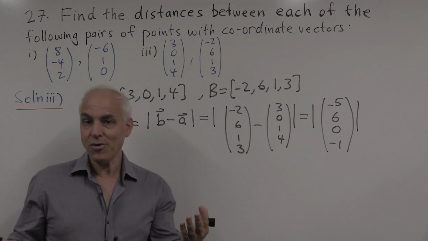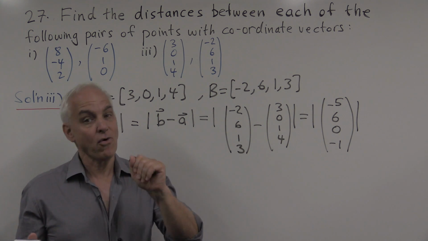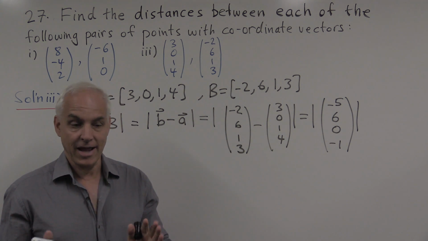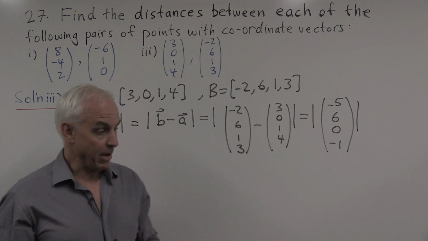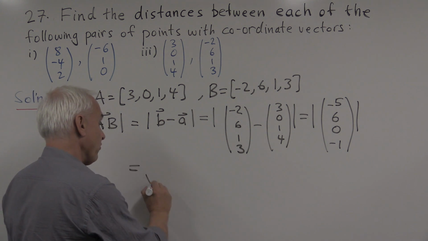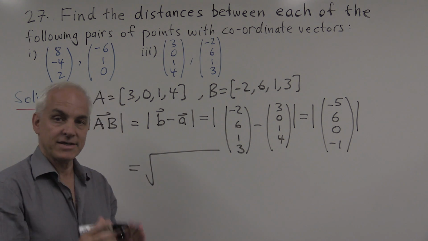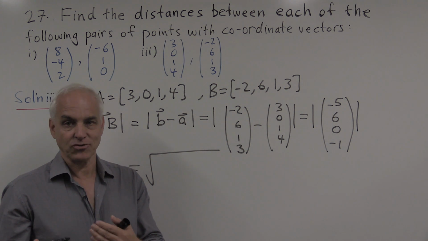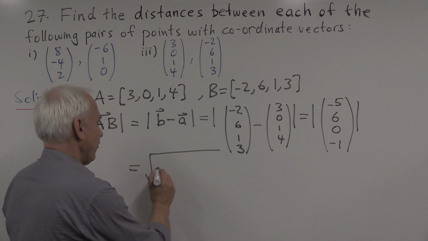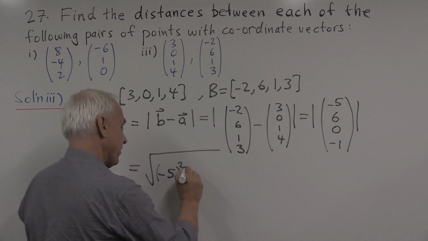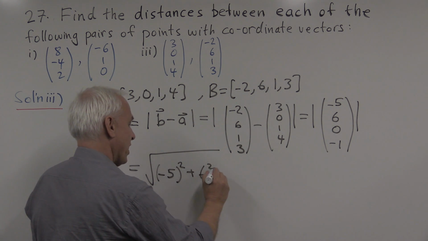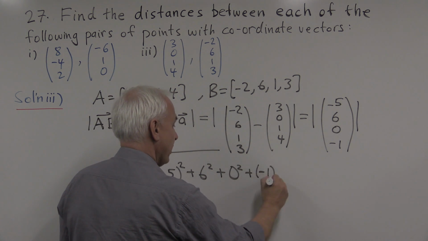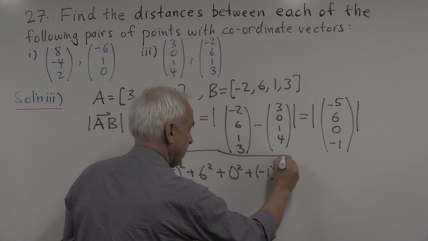And now we have to know how to find the length of a vector in 4-dimensional space. Well, it's the same kind of formula as in 2 dimensions and in 3 dimensions. It's the square root of the sum of the squares of the coefficients or entries of the vector. So we have to take minus 5 squared and add 6 squared, add 0 squared, and add minus 1 squared. Let's put all of that under the square root.